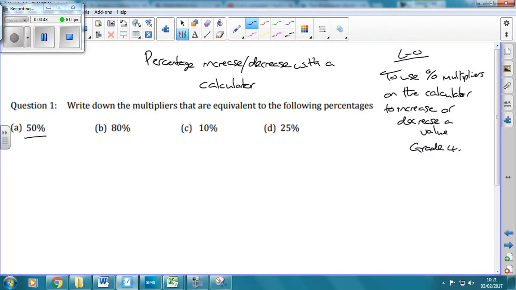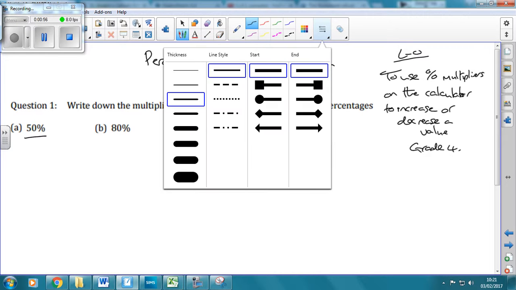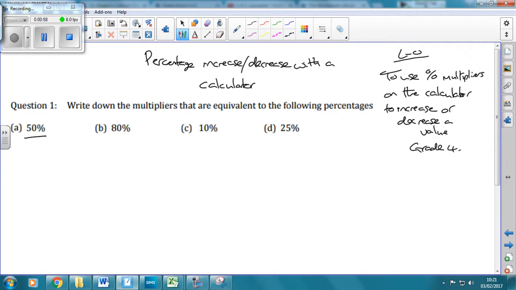So the multiplier for 50%: if you've got 50%, then we divide it by 100, so 50% would go to 0.5, and 0.5 is the multiplier.